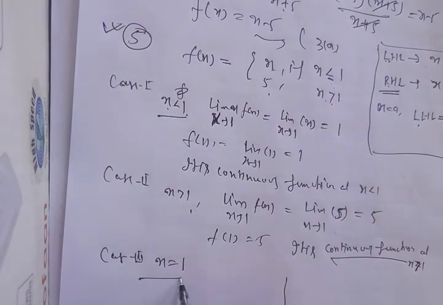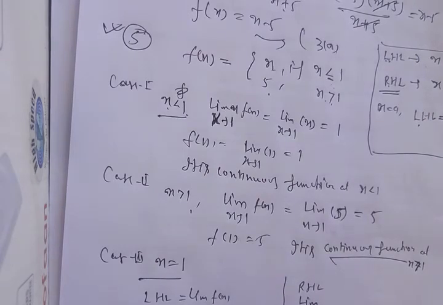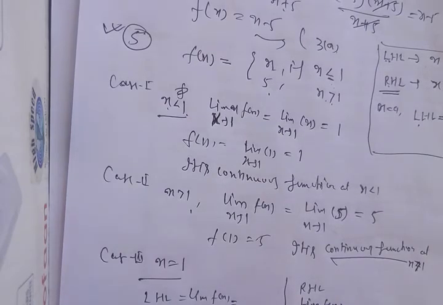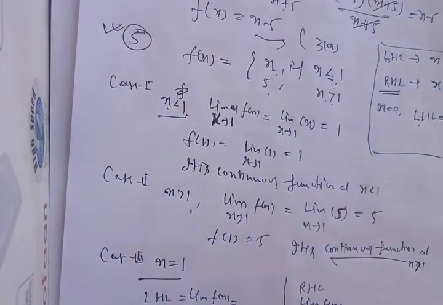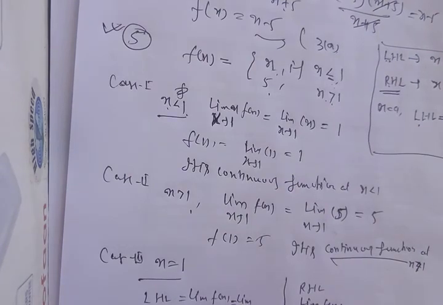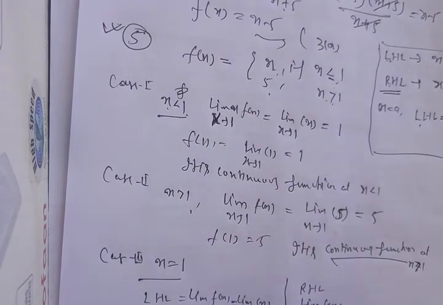Find LHL: the limit as x tends to 1 from the negative side, the left hand side of the function, lies in the first function, x tends to 1 in x, putting 1, equals 1. RHL: limit x tends to 1 from the positive side lies in the second function.